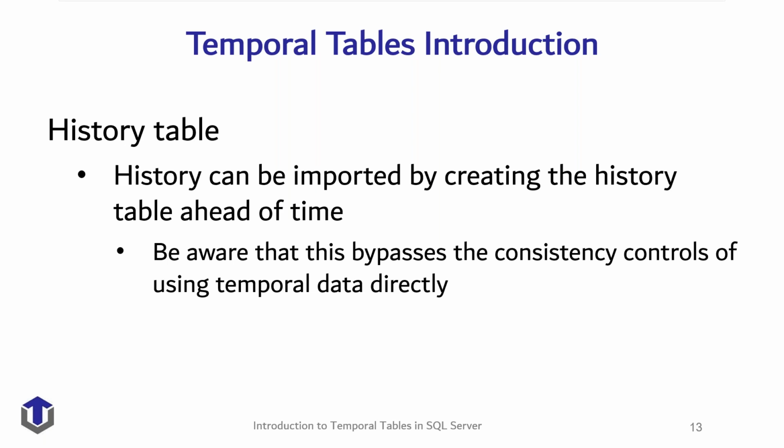Go ahead and import your history into that history table and then turn back on the temporal functionality. It actually involves more steps than simply creating the empty table, loading it, and then turning on the temporal functionality. But what that does is it makes sure that the history table that you're creating has the exact metadata that it needs, column by column, to match the base table for which it's storing the history. So again, more steps, but it makes for a more efficient process in my opinion.